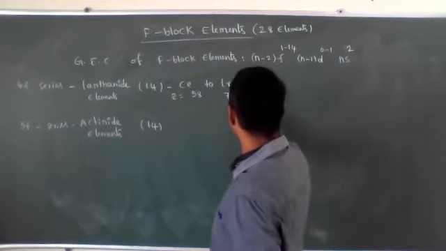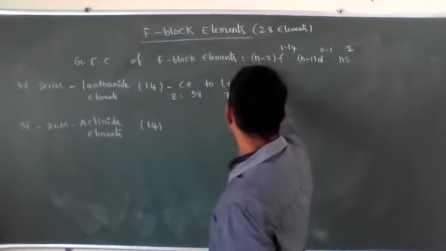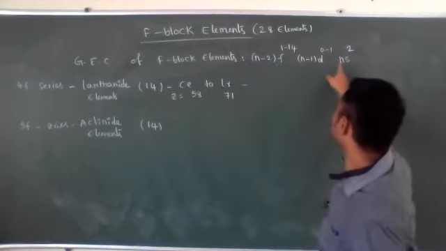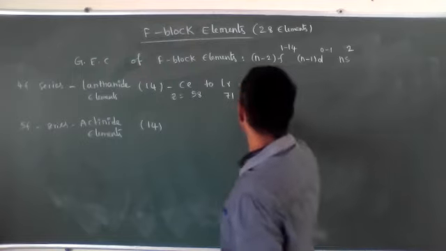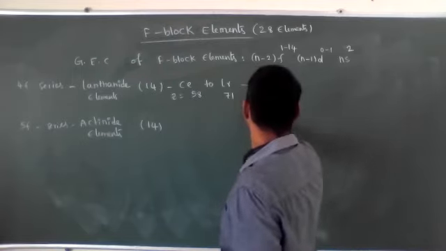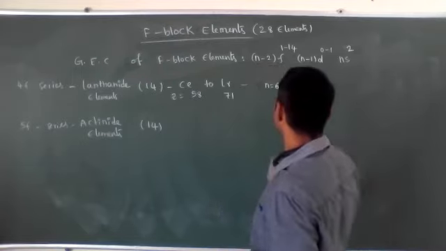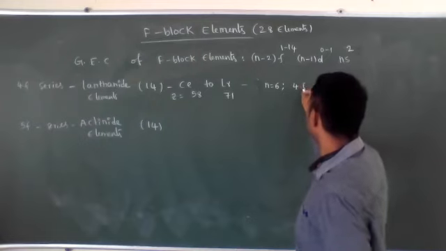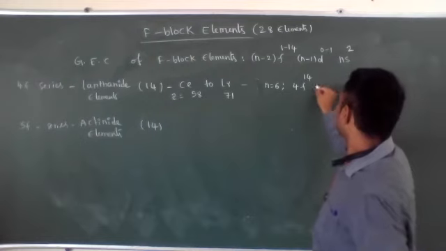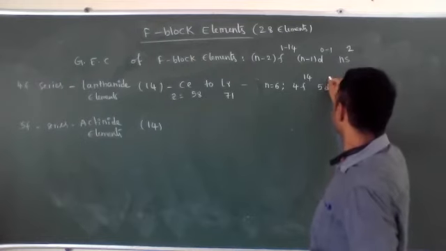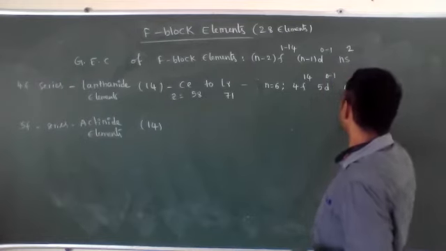Their general electronic configuration: here n equal to 6, sixth period. So the general electronic configuration is 4f 1 to 14, 5d 0 to 1 and 6s2.